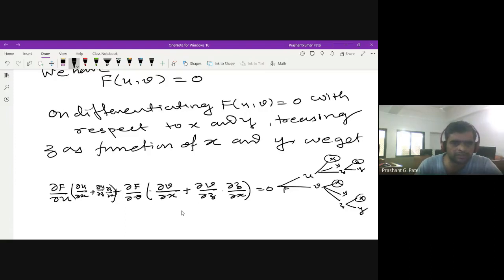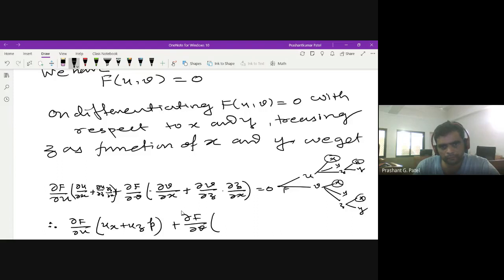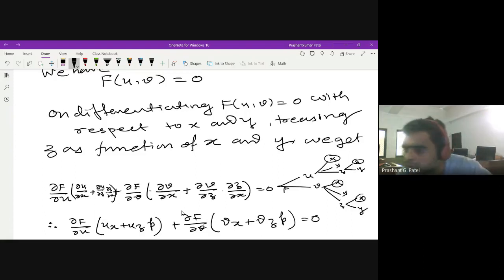Now what will be del z by del x? We know it is p. So we'll have del f by del u into ux plus uz p, plus del f by del v into vx plus vz p, equal to 0.